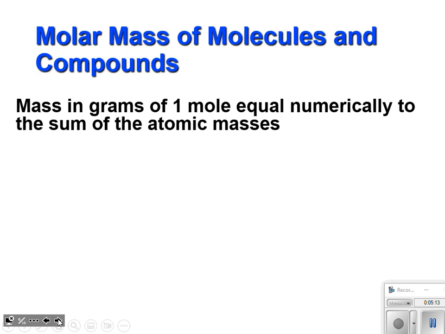I even saw that earlier in the day, all right? The mass in grams of 1 mole is equal to the sum of the atomic masses. So if I add up all of the atomic masses of the atoms involved in that compound, then I will have the mass of that compound.